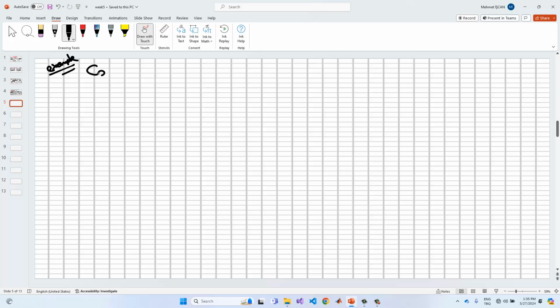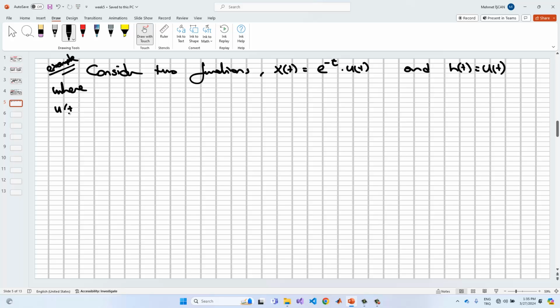They consider two functions. x(t) is equal to the exponential of t times u(t), and h(t) is equal to u(t), where u(t) is equal to 1 for t greater than 0, and 0 for t smaller than 0.